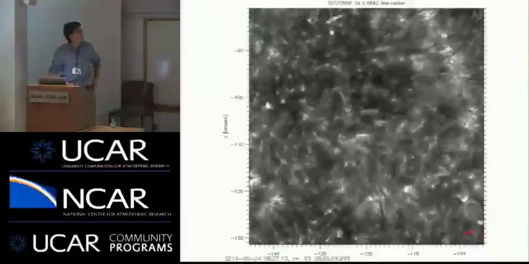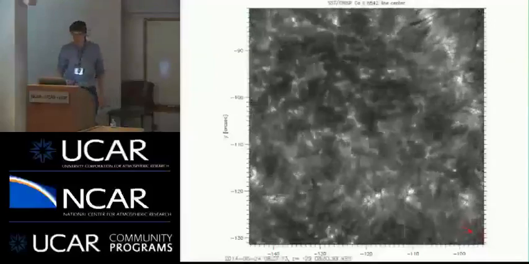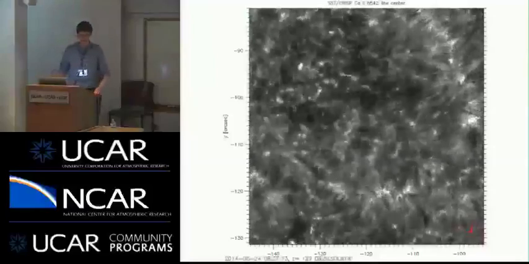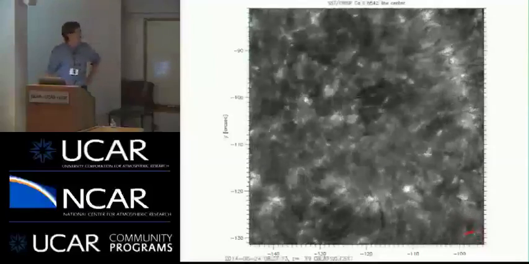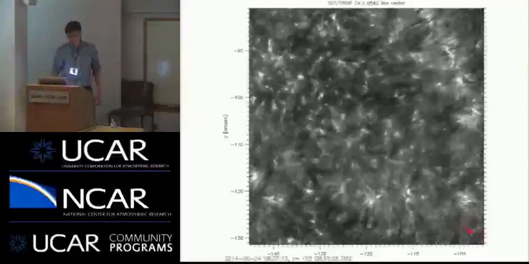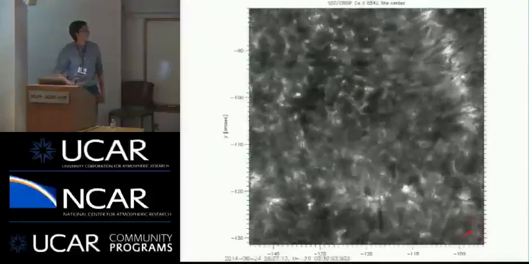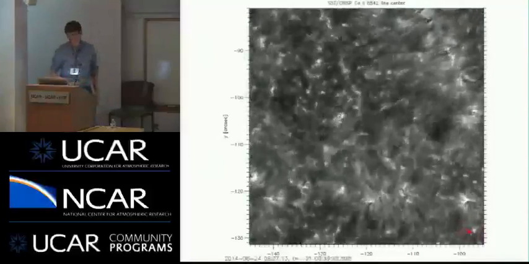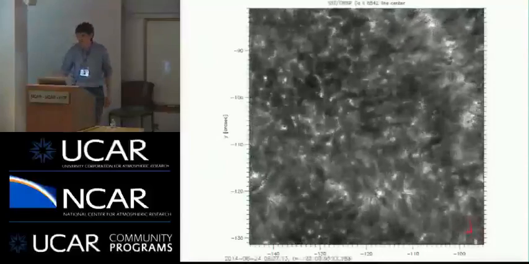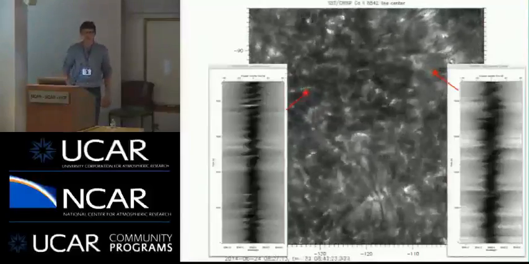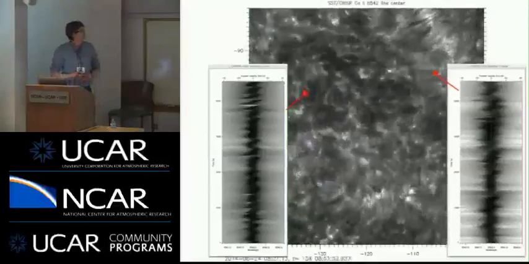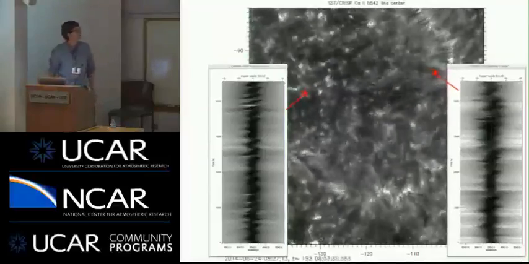So the internetwork is dominated by shock waves, while in the regions around the strong magnetic fields, we see the fibrils and we see spicules. This is also clear from the spectral evolution.